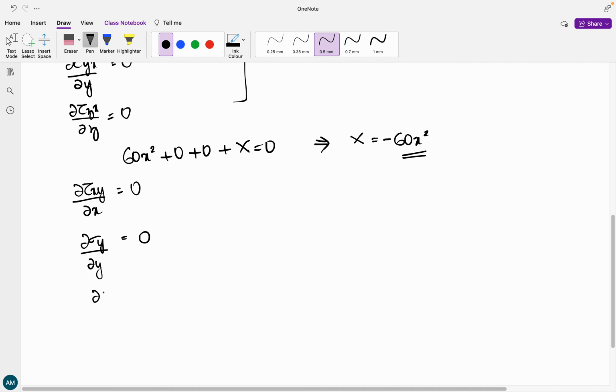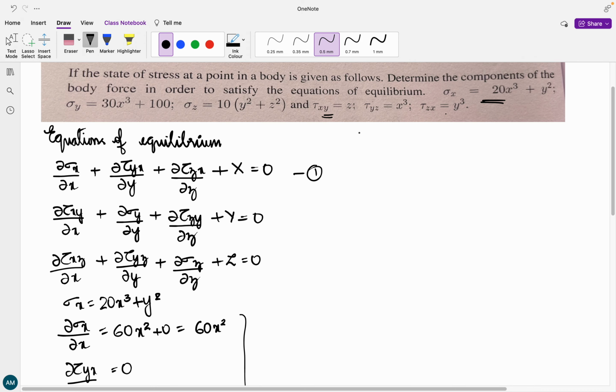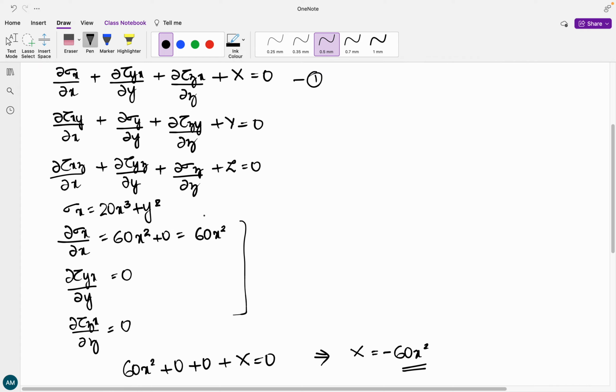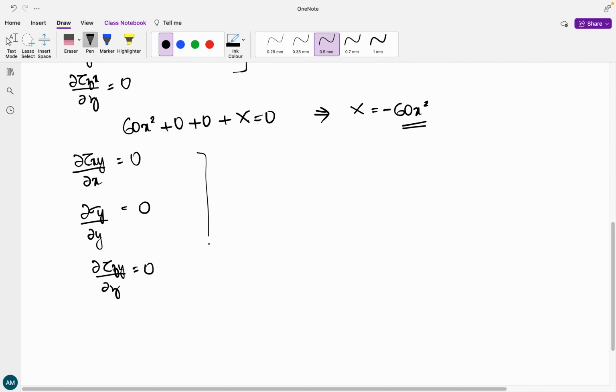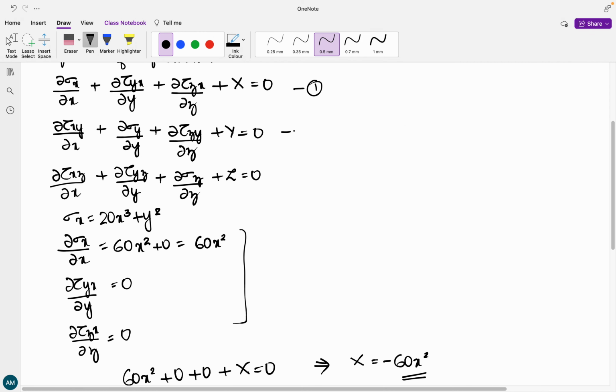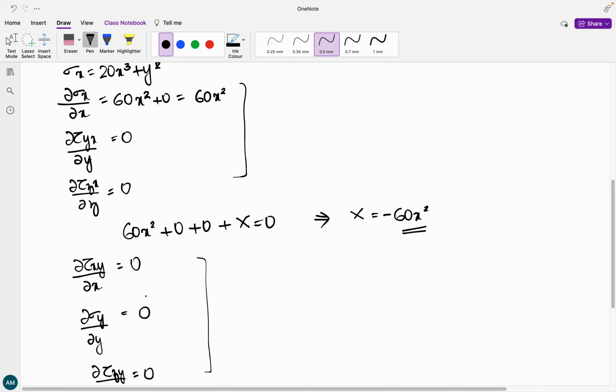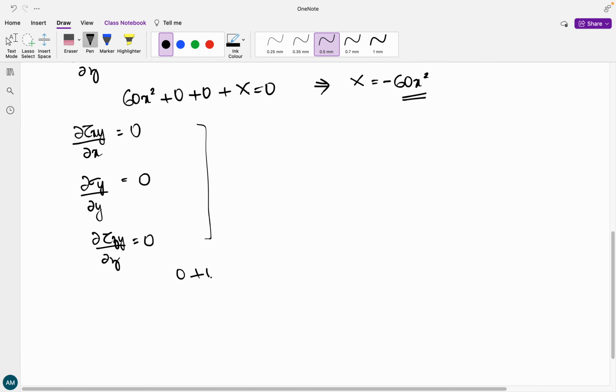Last, dou tau zy by dou z. Tau zy is x cube. X cube differentiated with respect to z is 0. So let us substitute all the three components into equation 2. We will be left with 0 plus 0 plus 0 plus y equals 0. Therefore, the value of body force component y is 0.